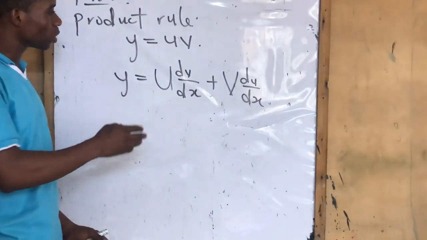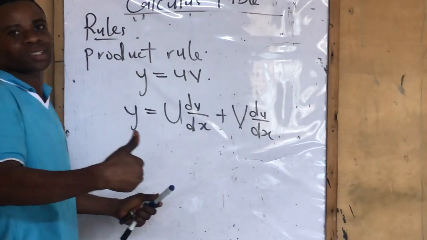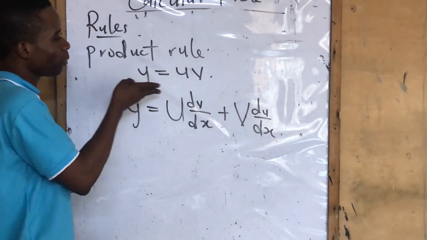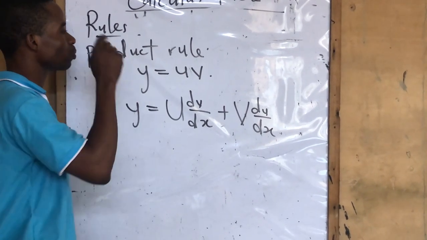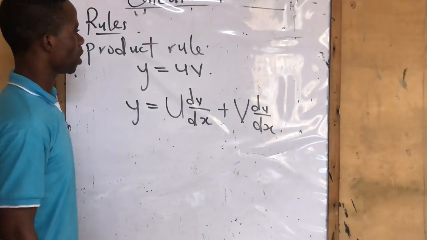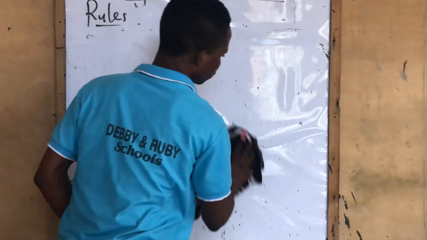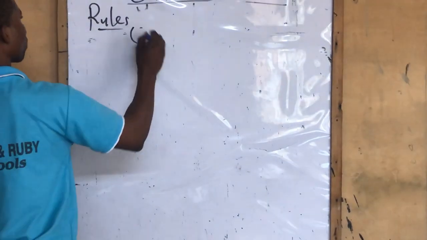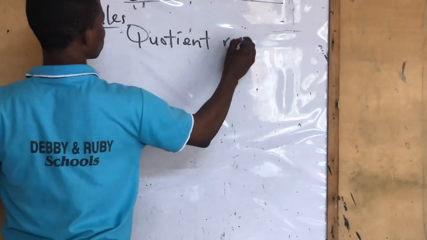Now, look at this one. You can only use this rule when you have a question where two things stay beside each other: y equals uv. You know that, okay, I'm using the product rule for this. Now we have a rule that we call the quotient rule.